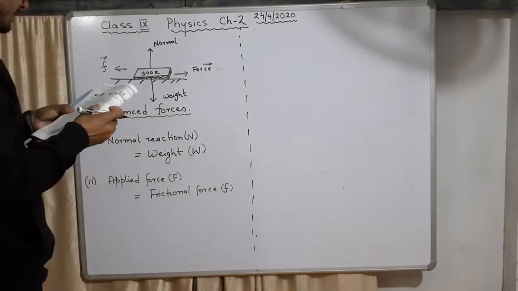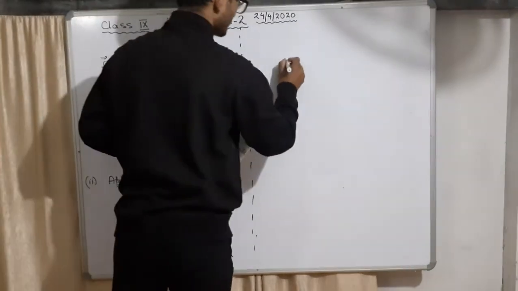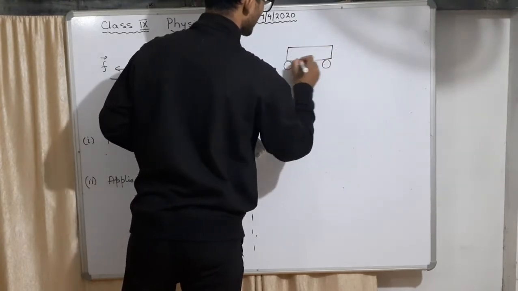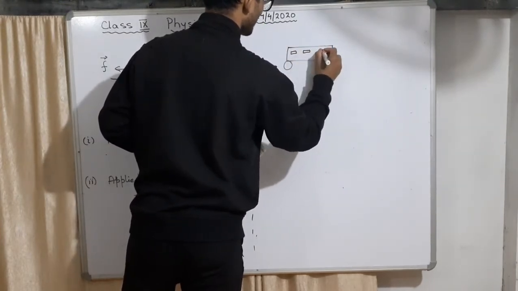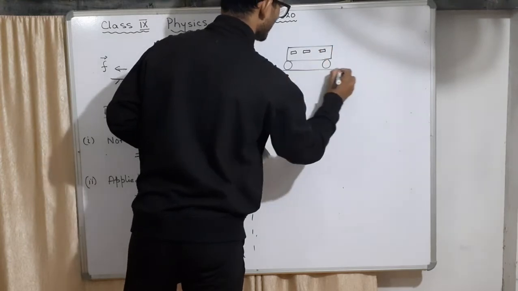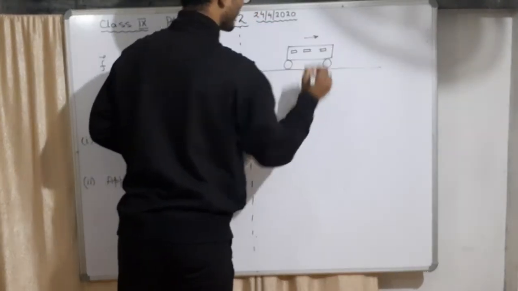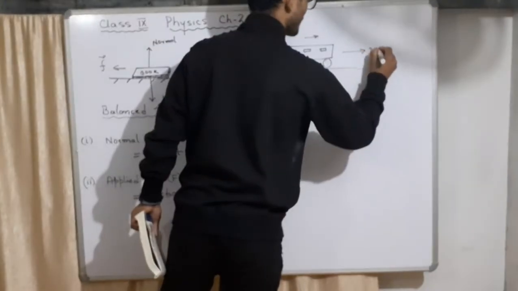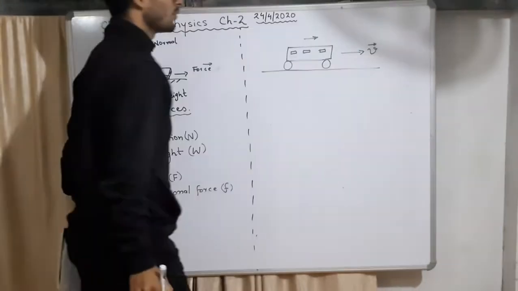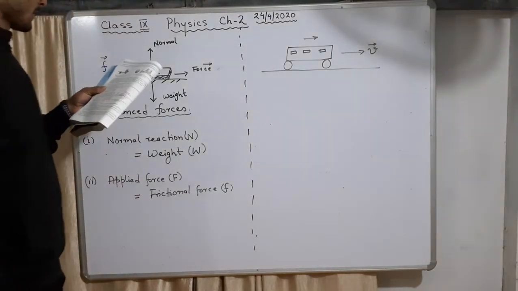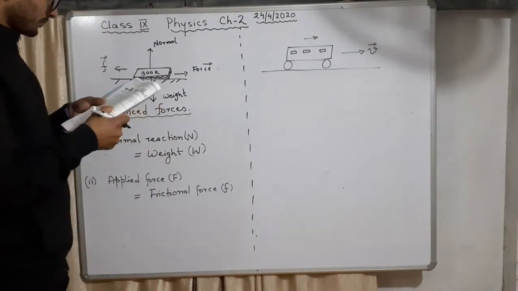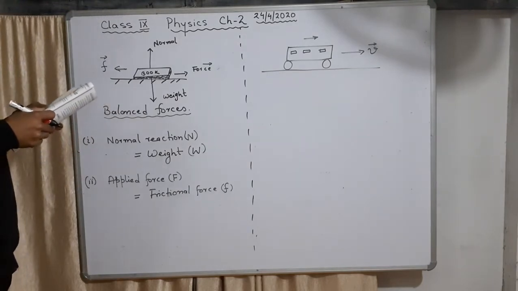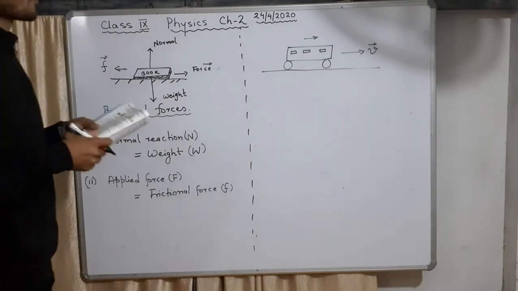Next will be, suppose a vehicle is moving. Vehicle is moving in this direction. Okay. It has some velocity v. It is moving in that direction. Now, what happens? If a truck is moving with a constant velocity v on a road, it will continue to move with the same velocity if forces are balanced.